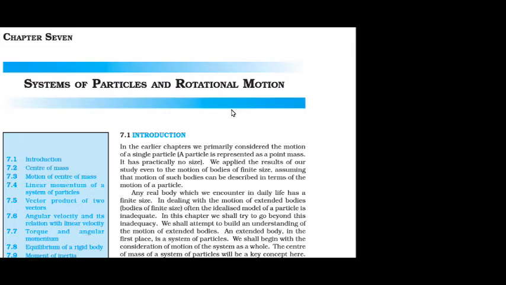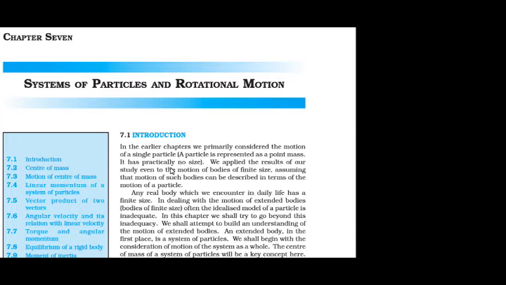So let us start our lesson now. Chapter 7, System of Particles and Rotational Motion. Introduction. In the early chapters, we primarily considered the motion of a single particle. A particle is represented as a point mass.